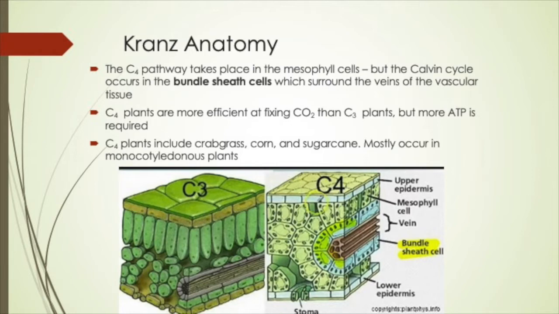So in other types of plants, they have a normal type of anatomy, but these have a Kranz anatomy where they have larger bundle sheath cells, and larger mesophyll cells in order to store that malate in their vacuoles. So C4 plants are much more efficient at fixing CO2 than C3 plants.